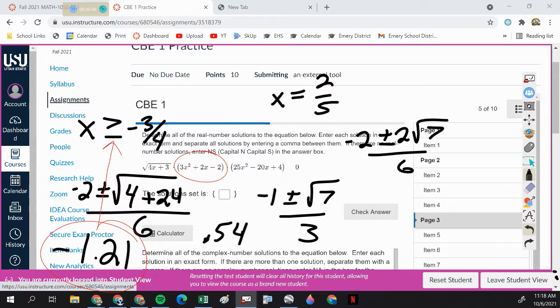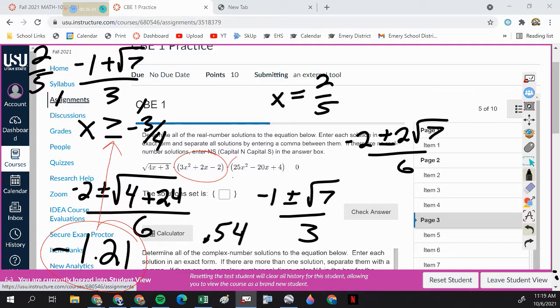Okay. Oh, I overlooked one thing. So I know one of my answers is 2/5. I know one of my answers is negative 1 plus root 7 over 3. And there's one more. Yeah.